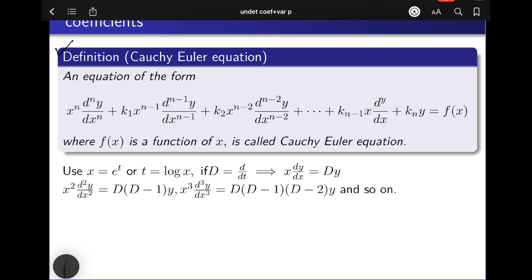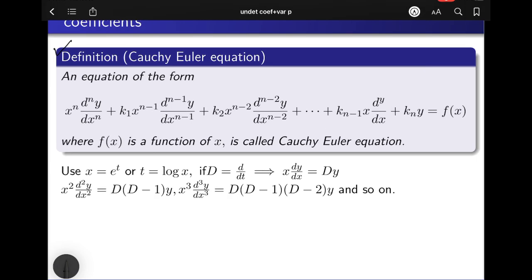The general form for an equation of this type is x^n d^n y/dx^n, the nth derivative, plus k1 x^(n-1) times the (n-1)th derivative of y, plus k2 x^(n-2) times the (n-2)th derivative of y, plus so on.